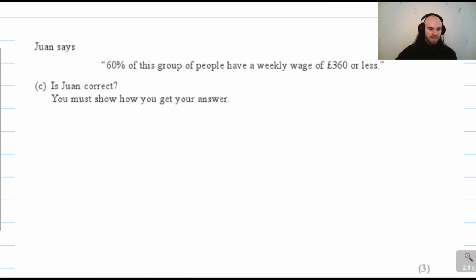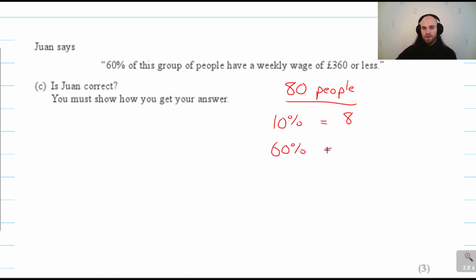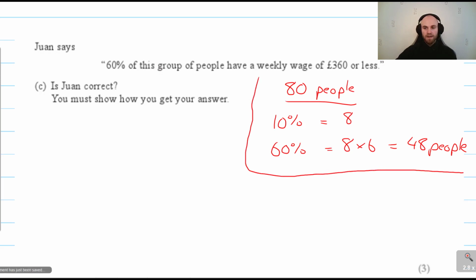Okay, so let's see what we have. So first things first, if we know that there's going to be 80 people, as we were given in the question, well, 10% is going to equal 8. 60% is going to equal, well, we'll just say 8 times 6, which will be 48 people. Okay, let's square that off. Just keep that in mind.